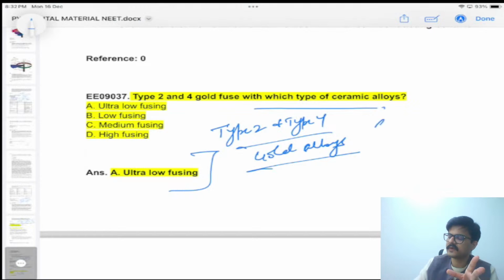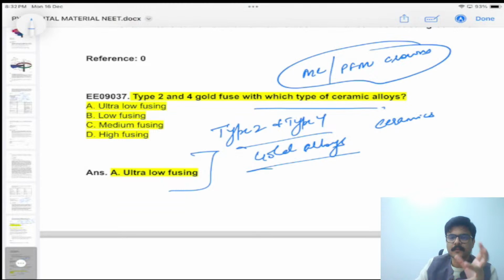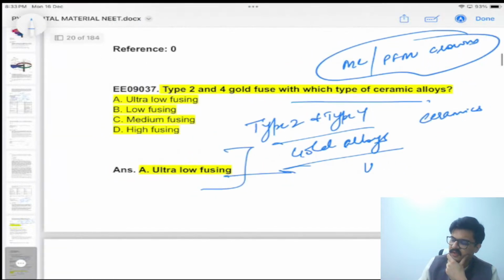So when you're making metal ceramic or PFM crowns, once you get your casting, metal coping, then you want your porcelain to be fired in such a way that your underlying metal does not sag or melt. So you want an ultra low fusing type of ceramic, which is sintering at a temperature of less than 850 degrees Celsius. And this is true for titanium also.